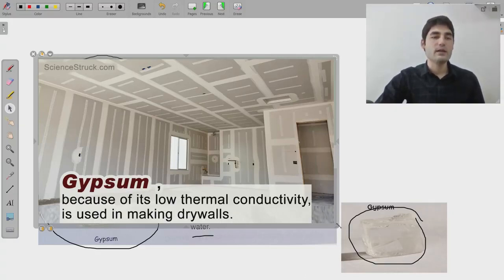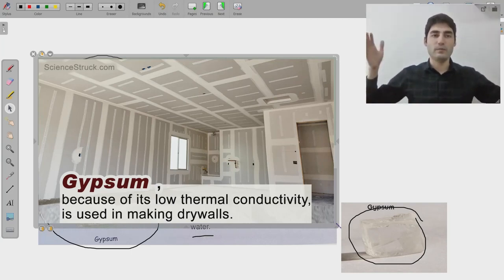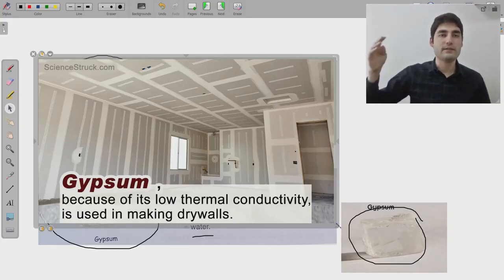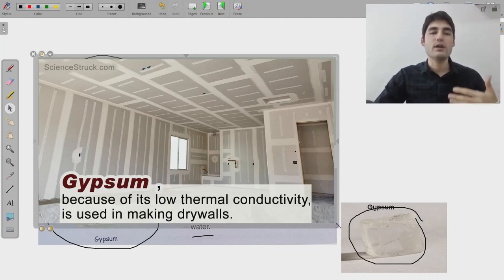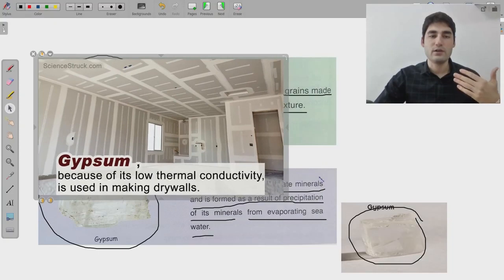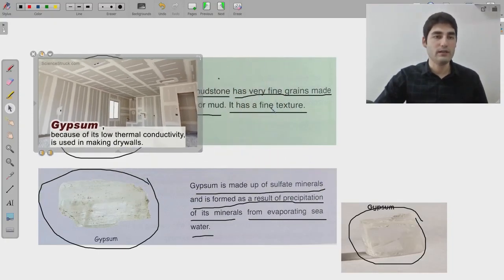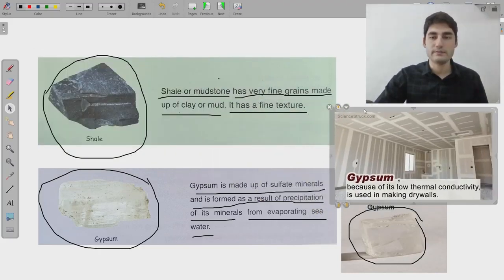Let's say gypsum helps the room stay warmer or colder. It doesn't get the temperature from outside that much. It helps to block heat from outside.